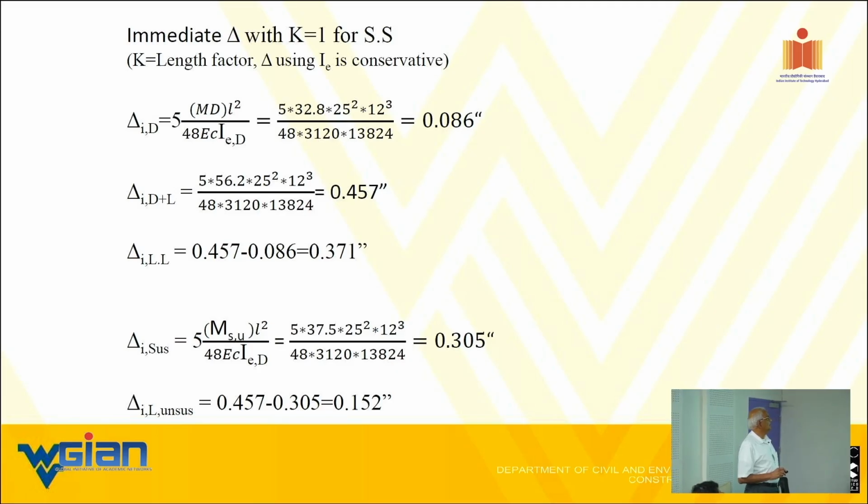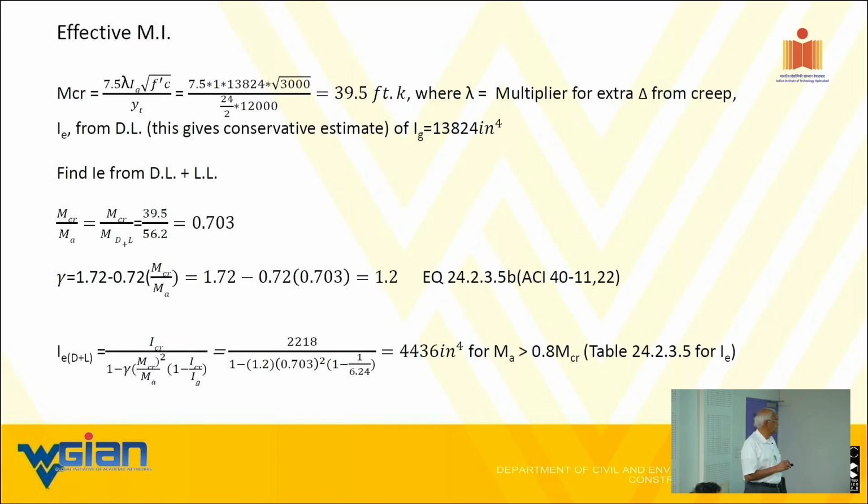Now you can see the immediate delta with k equal to 1. That's a length factor in the delta using I sub E. That empirical equation I showed you in the previous slide gives a very conservative number.